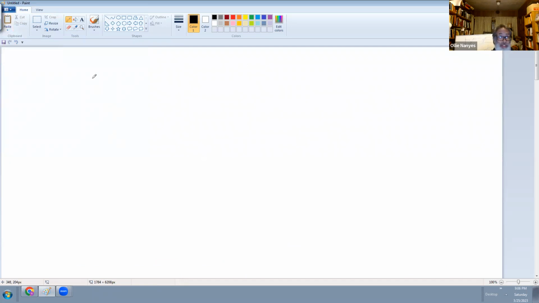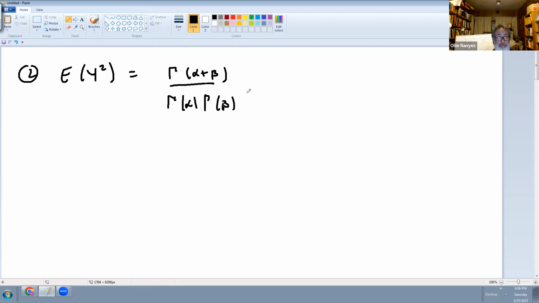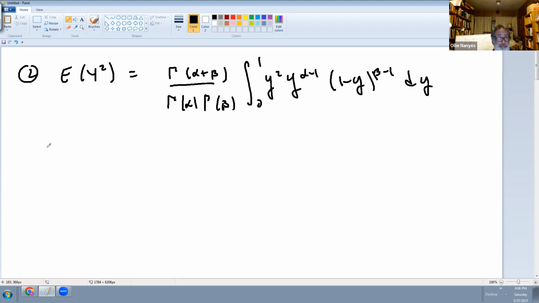So what about, let's say, second exercise, what about the expectation of y squared? Well, that's going to look a lot of the same. It's going to be y squared, y to the alpha minus 1, 1 minus y to the beta minus 1 dy.